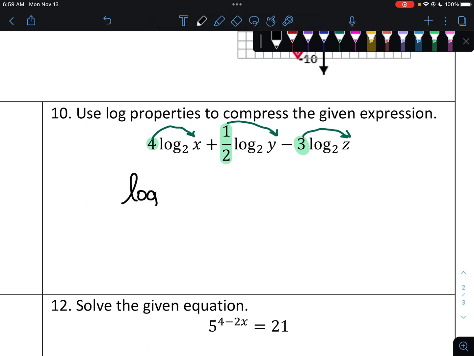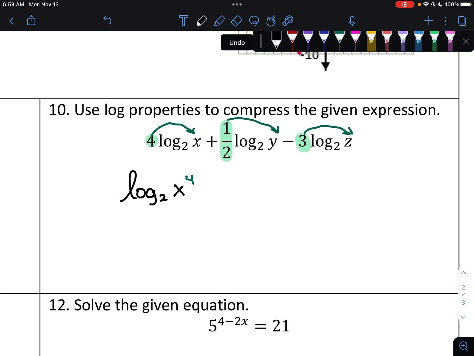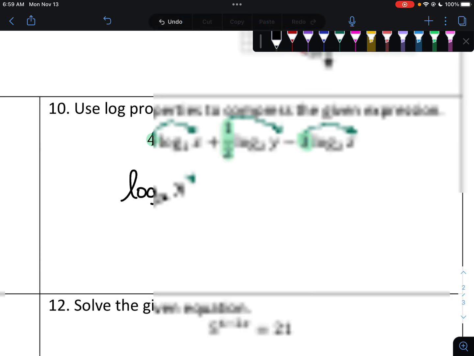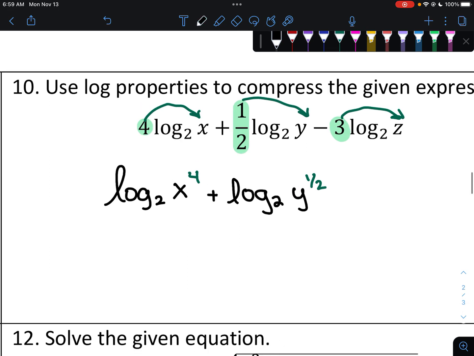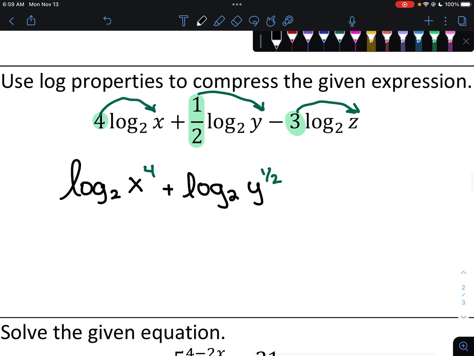So log base 2 of x to the 4th plus log base 2 of y to the 1/2 minus, oh, nope, the 3 is moving, minus log base 2 of z to the 3rd power.